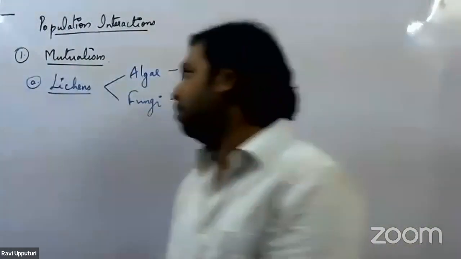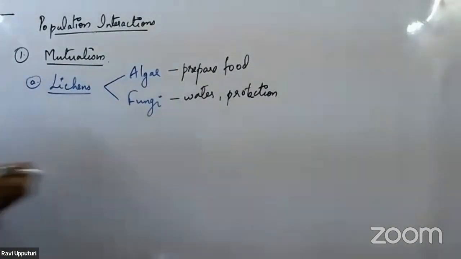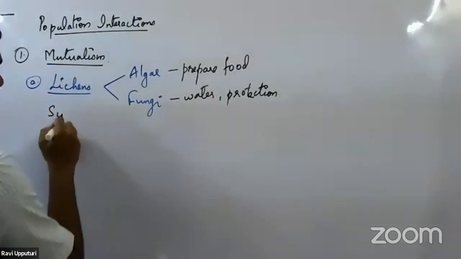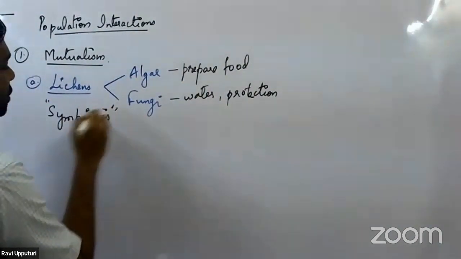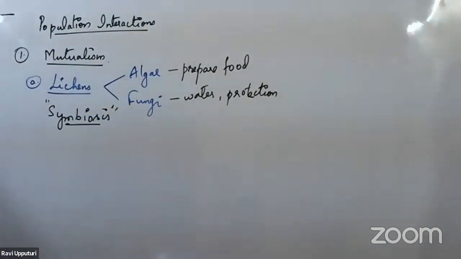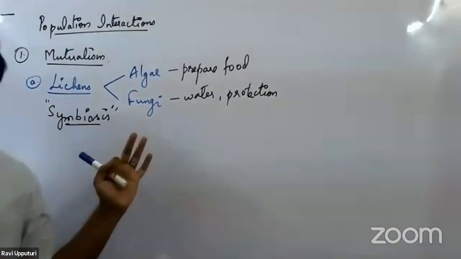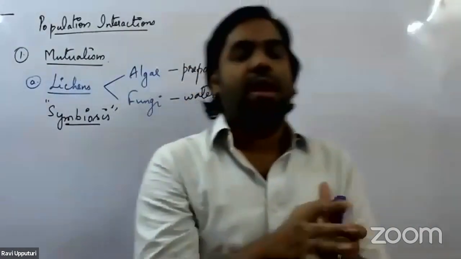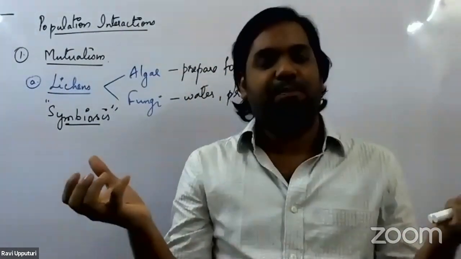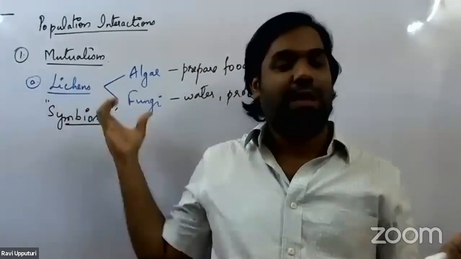Now this type of interaction we also call symbiotic interaction, or symbiosis. So what do we mean by symbiosis? Symbiosis is nothing but permanent interaction between the 2 interacting species. These 2 are said to be permanently interacting with each other. If algae and fungi are separated, these organisms would not be able to survive.